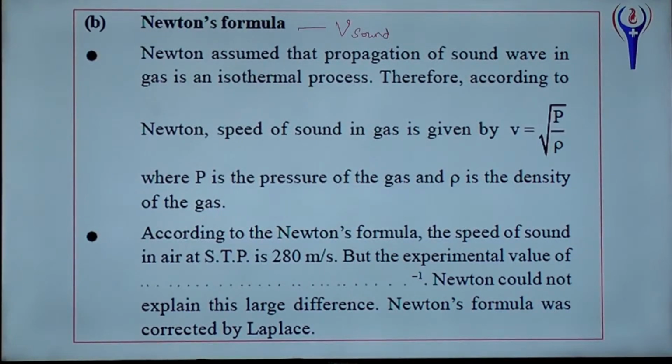That is V equal to square root of P by rho, where P is the pressure of the gas and rho is the density of the gas. But he found the answer as 280 meter per second. But what is the velocity of sound? 3 into 10 power 8 meter per second, that is the velocity of light.